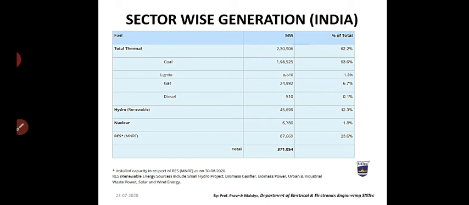If you compare this statistics with the previous reports, you will see that the coal-based thermal power plant section is continuously decreasing, and the renewable energy sources section is continuously increasing.